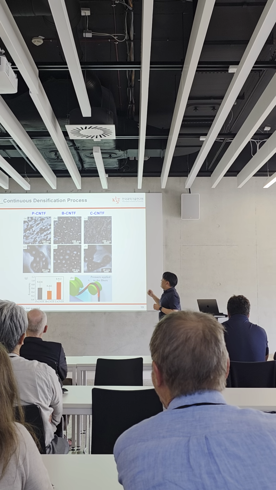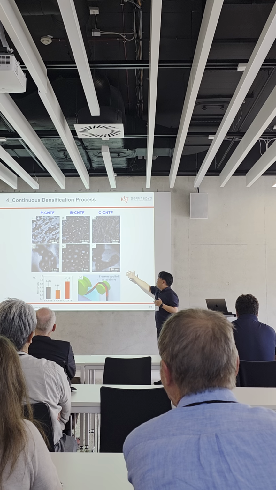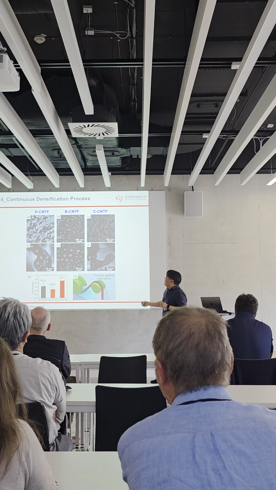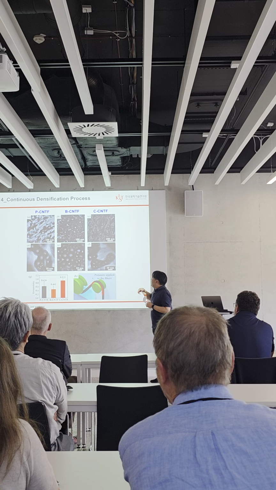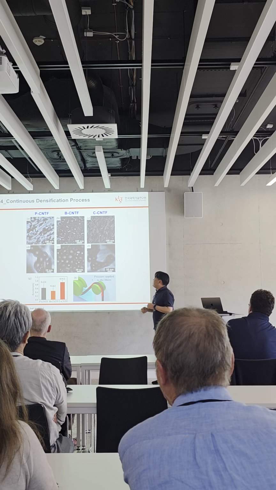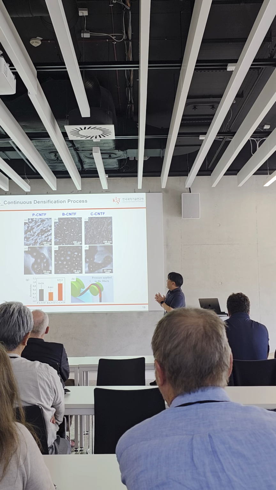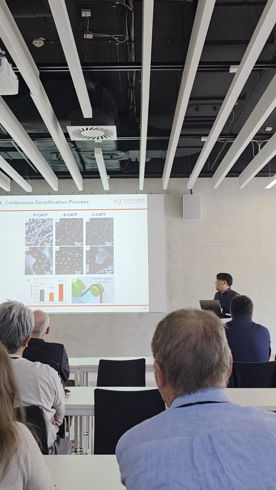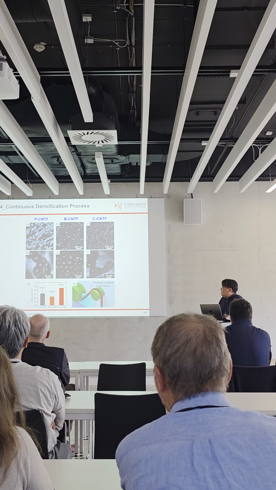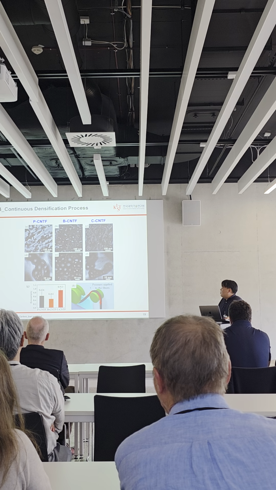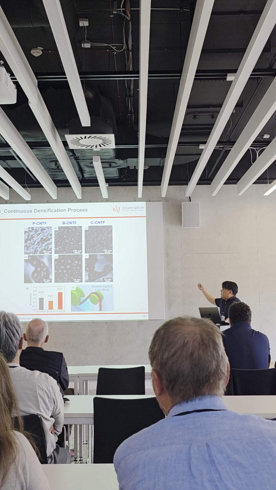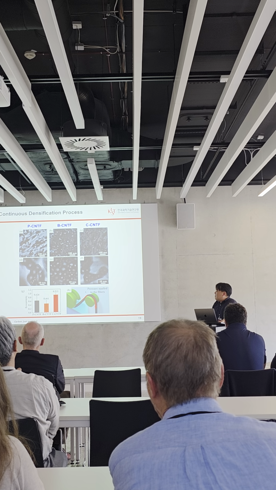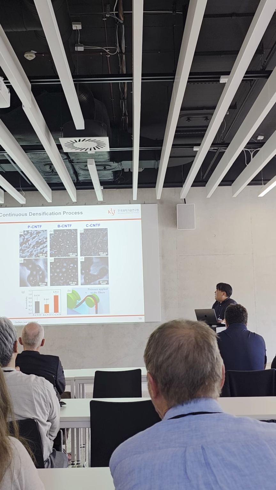But when we look at the structure of the CNT cross-sections at high magnification, we observed that the CNT shape is more collapsed in the continuously treated CNT fiber. We measured the eccentricity of the CNTs composing the CNT fiber, and it turns out the eccentricity of the continuous CNT fiber is very high.